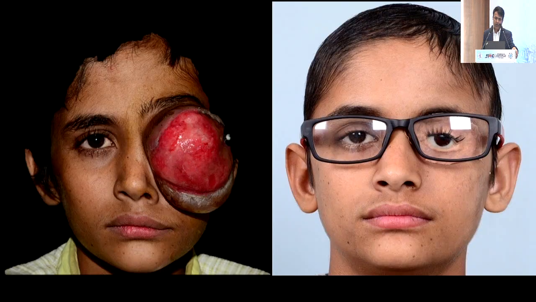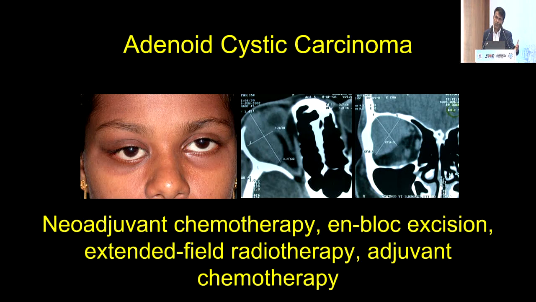Multimodal treatment is a combination of surgery, radiation, and chemotherapy, which you are supposed to use in a given situation such as rhabdomyosarcoma or adenoid cystic carcinoma. It can really change the prognosis in the management of adenoid cystic carcinoma of the lacrimal gland.